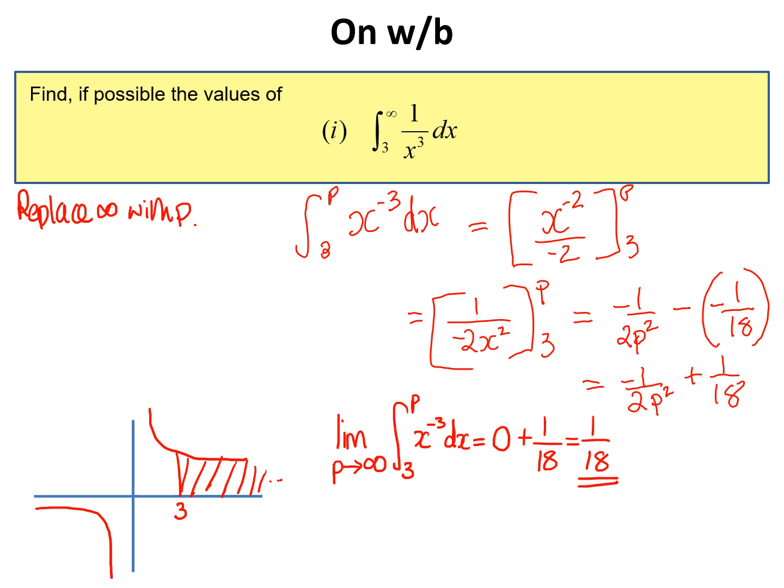Did you get that? And if you drew it, see what's going on at the other side. It's tending to the axis, so that area can be defined as 1 over 18.